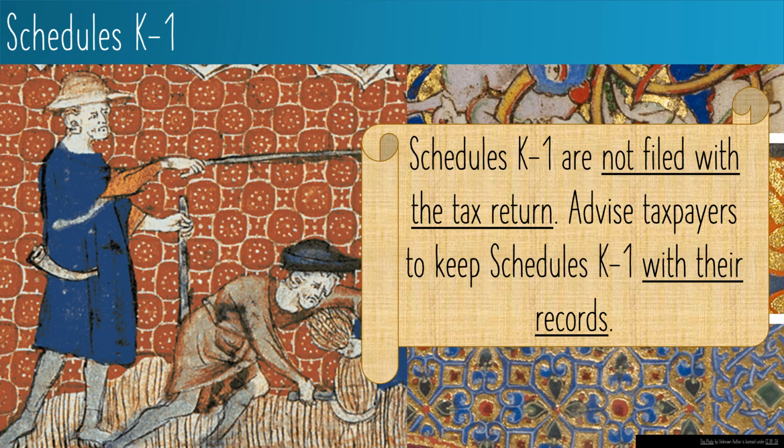The partnership or other entity already filed with their informational return a Schedule K1 for the partner. But the partner or shareholder needs to keep that K1, as we said before. It carries important information regarding their basis or their holdings in that entity.